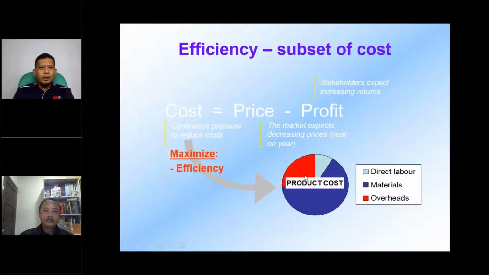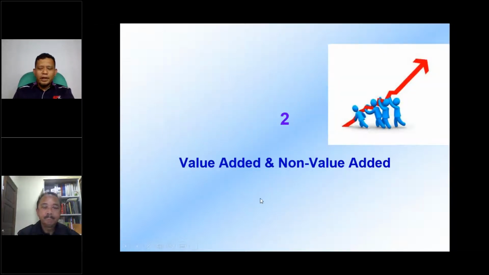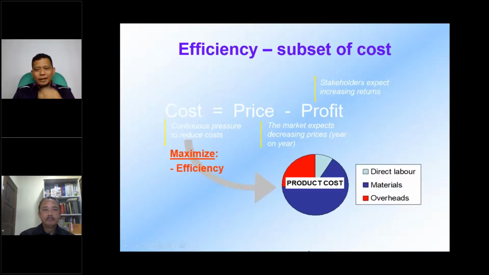But anyway, when we want to improve our efficiency, our traditional method is basically to think about increasing the price, so we can increase the profit. But one of the things we have to balance is that instead of increasing the price, we should look at our operating costs to make them more efficient.